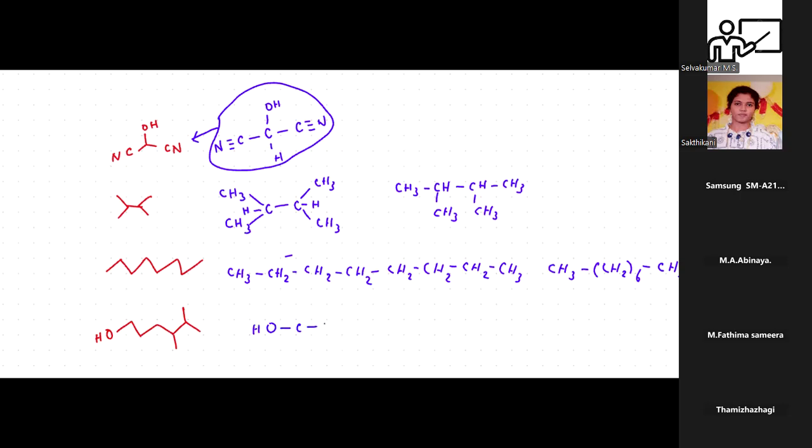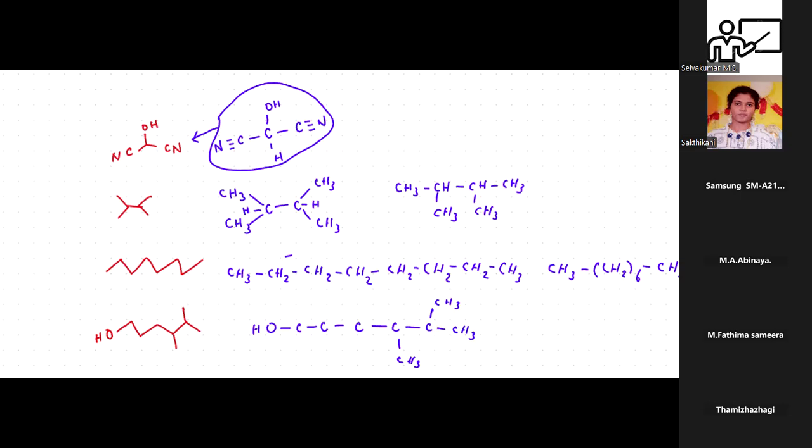This carbon is attached to another carbon, which is attached to another carbon, which is attached to a methyl group, and then to another carbon that has a methyl group, and then this has a methyl group.